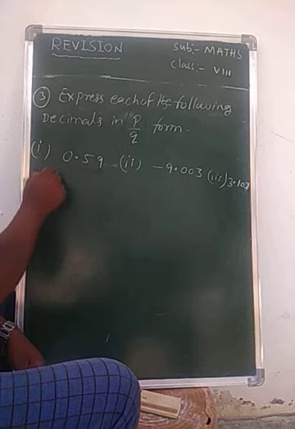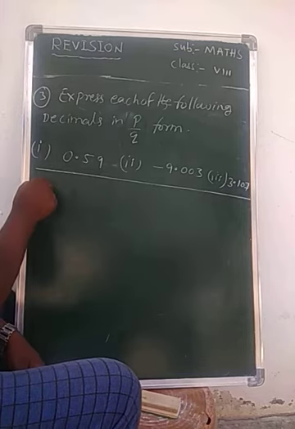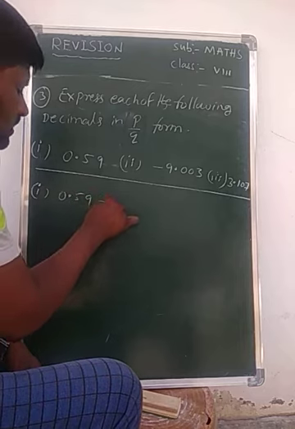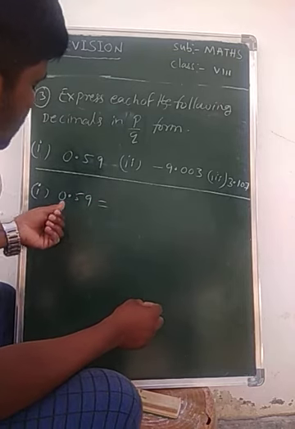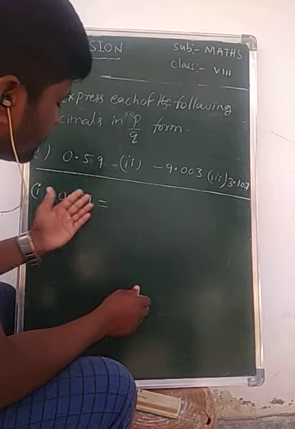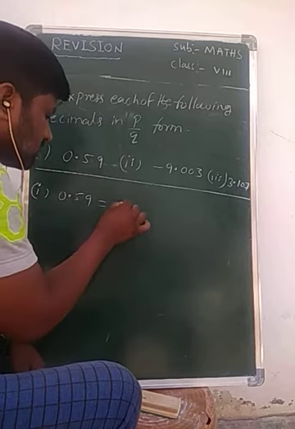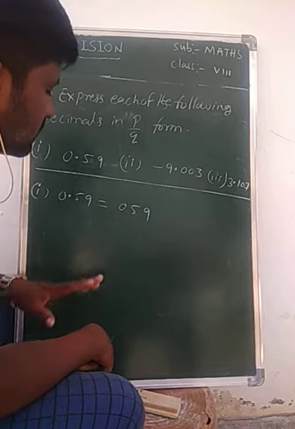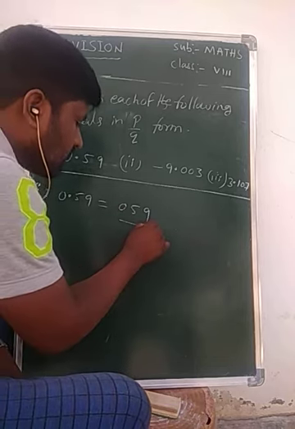The first one, 0.59, is a terminating decimal. Without the point, just write the digits, 059. Without the point, you take the denominator as 1.